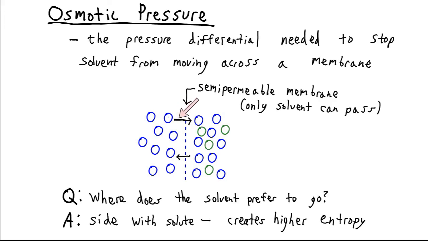However, if you move over to this other side, you can swap places with this green molecule or this green molecule or this green molecule or this green molecule, and those would all correspond to different microstates. So there's a lot more entropy if you move over here compared to if you stay over here. Because we always like to increase in entropy, that means that in general, our solvent molecules are going to want to move over to the right side. That motion, that preference, is going to create a pressure.